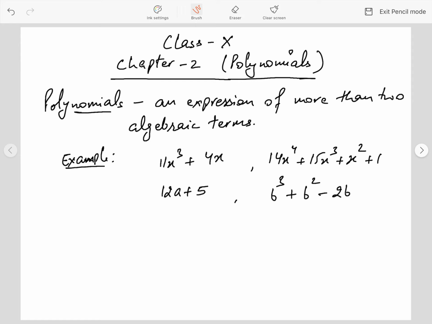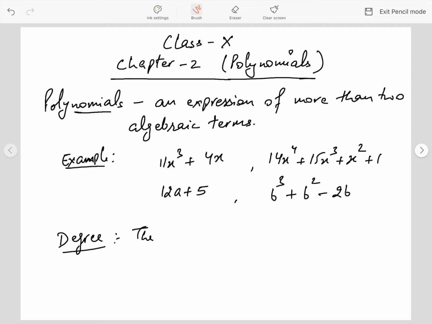So all these are examples of polynomials. We can clearly see, as we have discussed in its definition, that it is an expression of more than two algebraic terms.